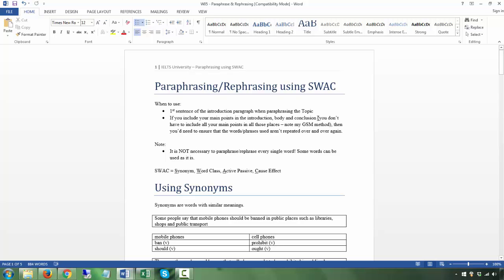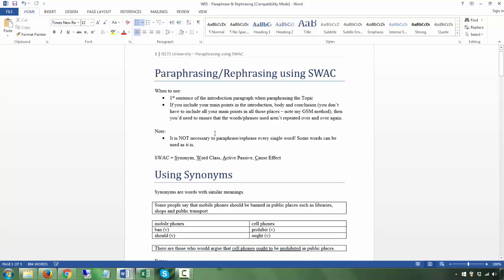Many students may not write their specific points in the first paragraph, all right, but they may write them in the body paragraphs and in the conclusion. So it is imperative for you to paraphrase and to rephrase all your ideas and your main points, and not use the same words, because that will again not impress the examiner, right?